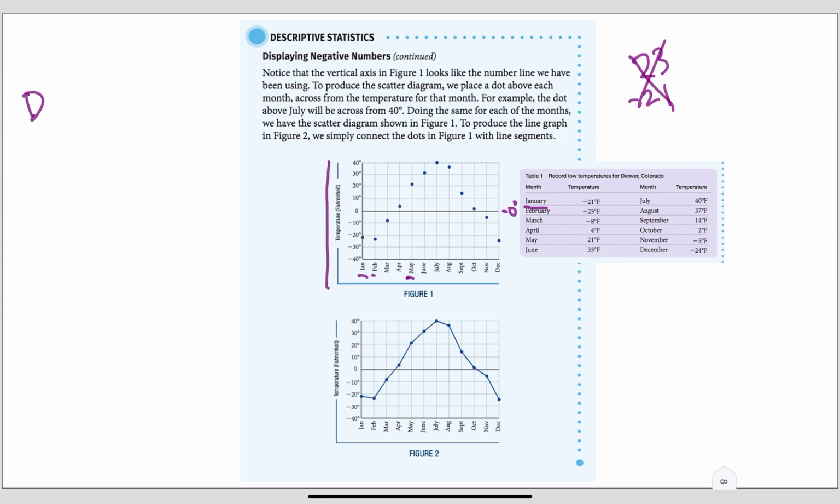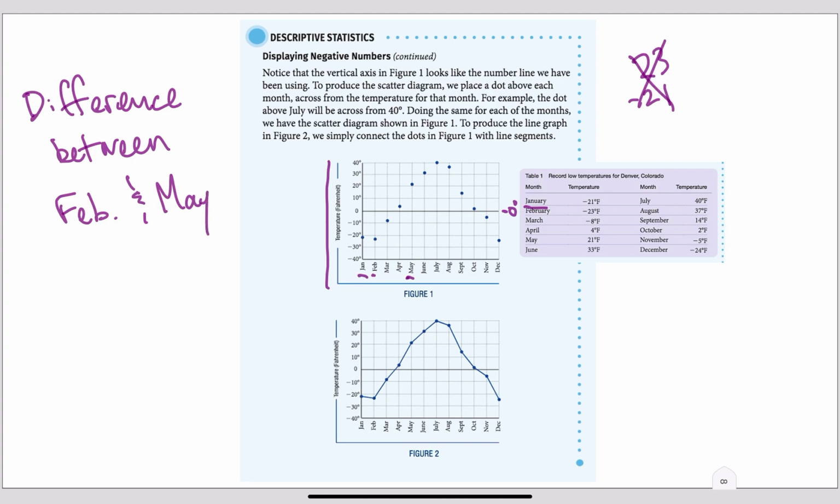So what's the difference between February and May? What's the difference in temperature?